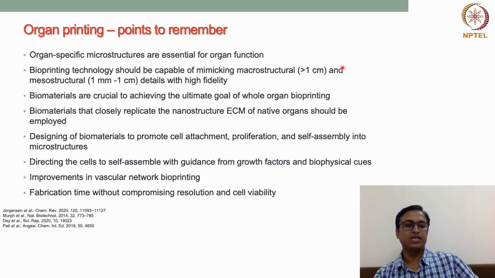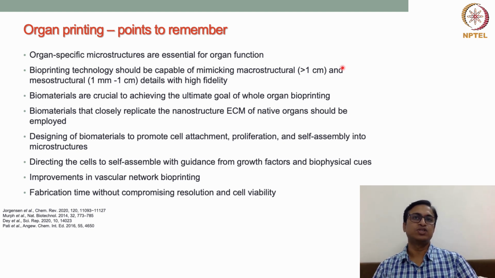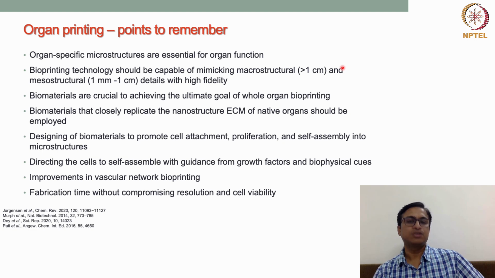particular tissue engineering. Vascular network bioprinting is another very important requirement to sustain tissue function, cell viability and tissue function. Without that, the cells will not be viable in a bioprinted construct.